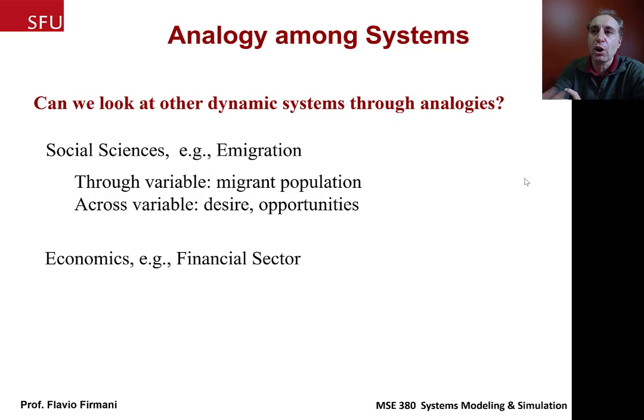The people that are moving are those people that are going, and the across variable would be, for each individual, there is going to be a different desire, different opportunities, different things that they're looking for, and that would be the equivalent of an across variable. So as we can see, in a very abstract manner, we can think about the different elements already.